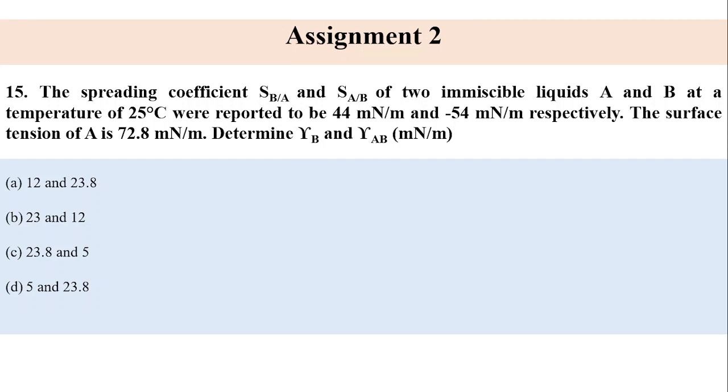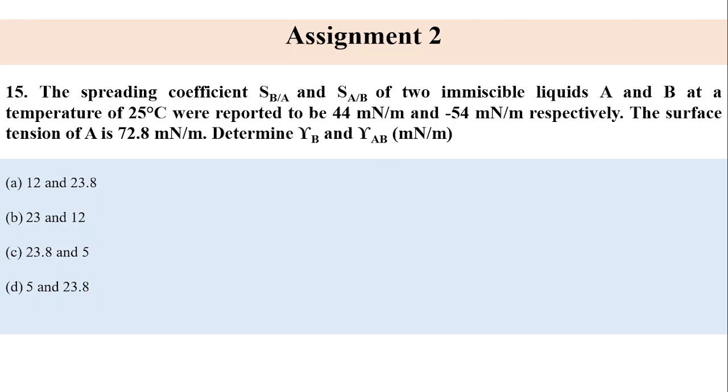So in this question, the spreading coefficients S B by A and S A by B are both given, that is 44 millinewton per meter and minus 54 millinewton per meter respectively. The surface tension of A is also given. You have to find two factors, that is gamma B, the surface tension of B, and gamma AB, the interfacial tension.